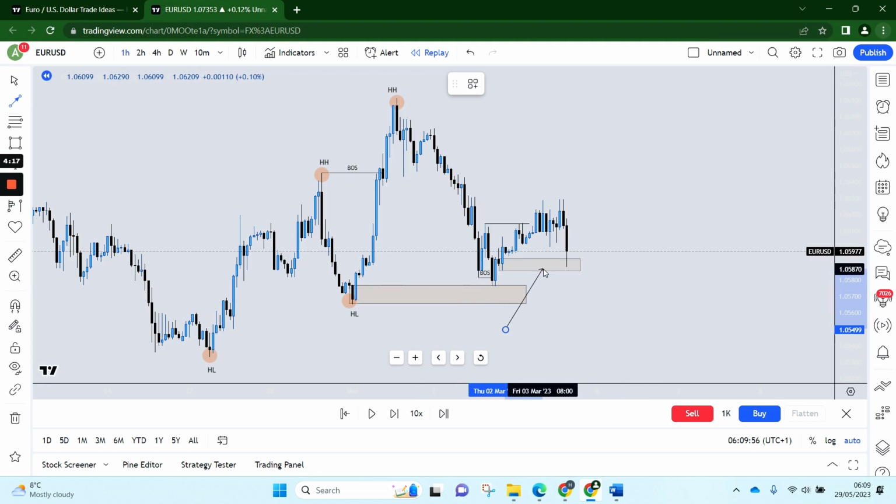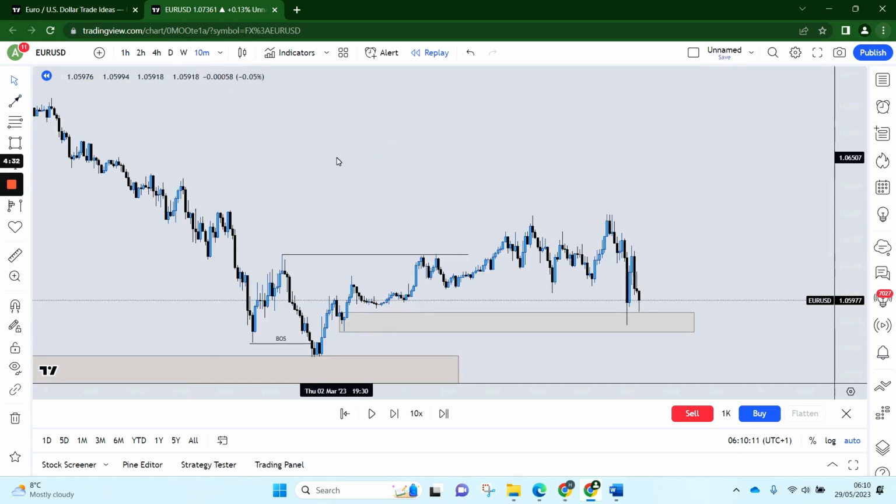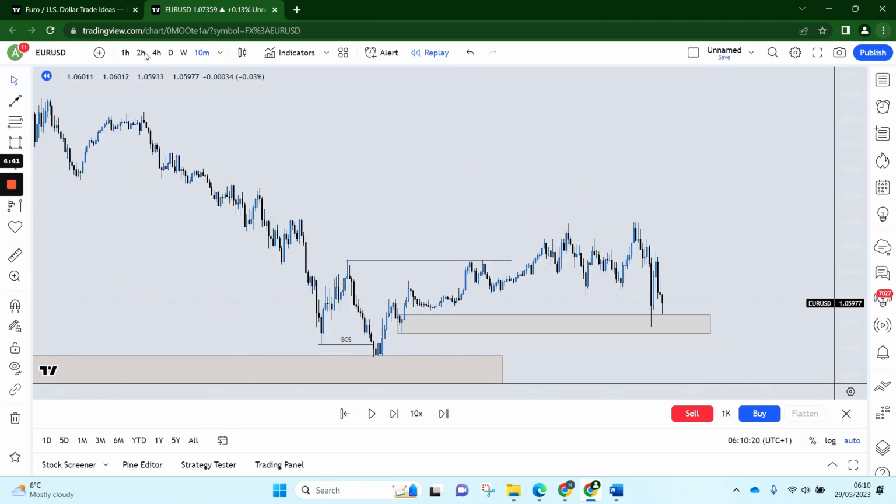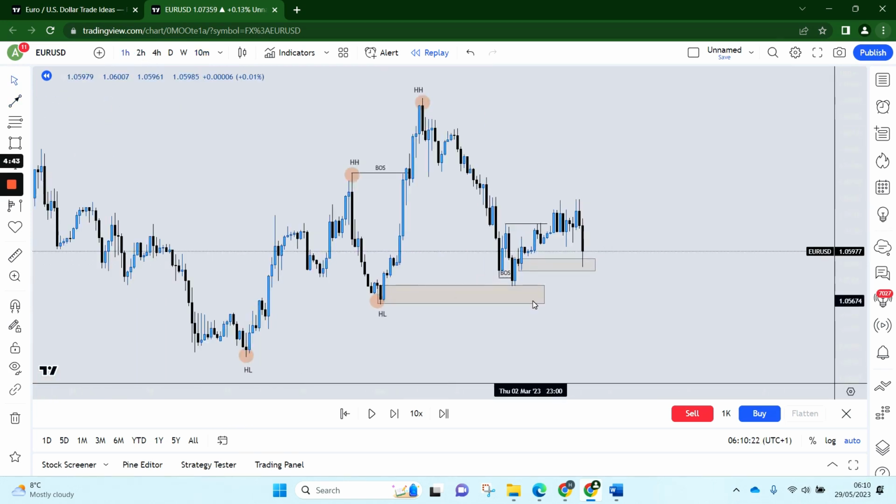Number 3, this is confirmed as soon as the internal structure, which is our 10-minute or 15-minute structure, switches bullish through a bullish change of character, which suggests that the internal has switched from a downtrending sentiment towards now an uptrending sentiment, right? Number 4, we then enter off this lower time frame demand. And number 5, this provides a signal that the market is ready to facilitate that up move to create that higher time frame higher high.